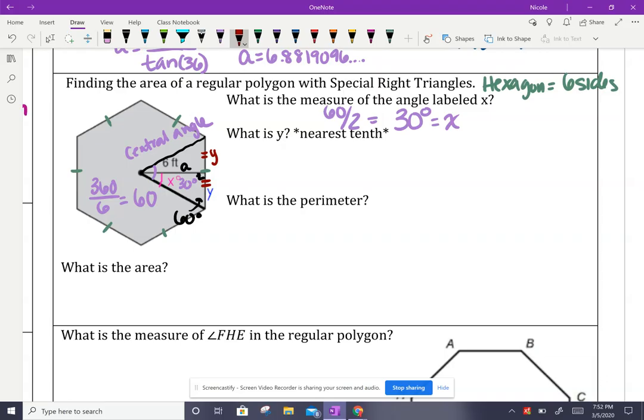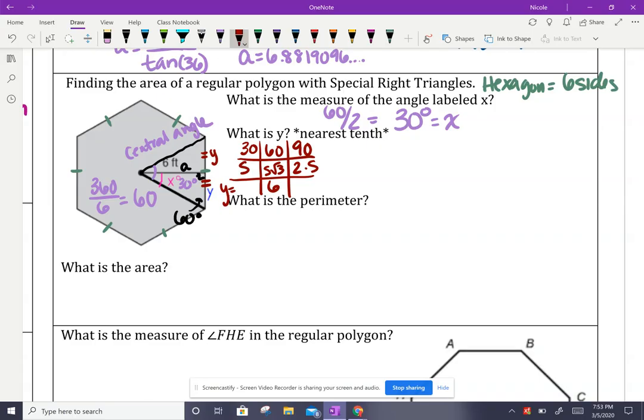So I'm going to set up my table right here: 30, 60, 90. We have 6 feet, which is across from your 60, which is s root 3, and then s and 2 times s. Across from our 30 is y, so I'm going to put y here.